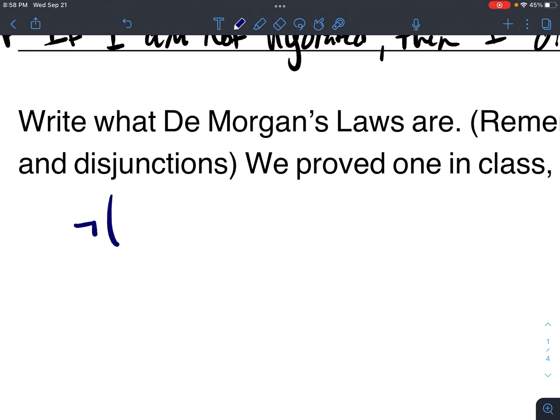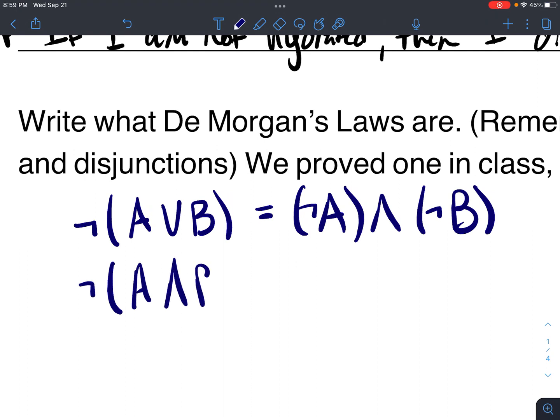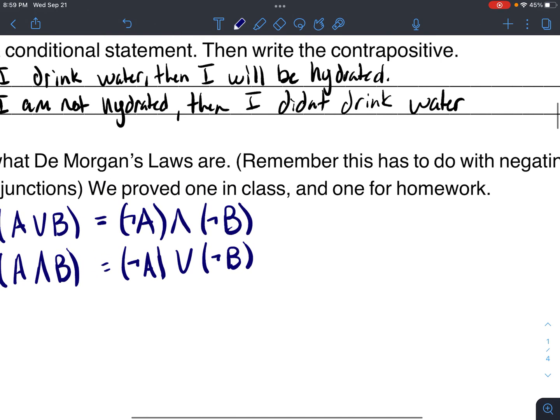So it basically states that not (A or B), or P or Q, whatever you want to say, is equivalent to not A and not B. Or on the flip side, we have not (A and B). That's equivalent to not A or not B. So we proved one in class, then one for homework.